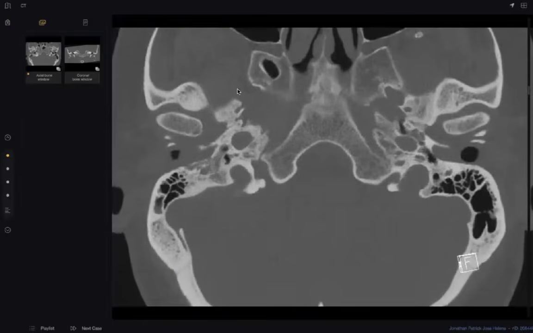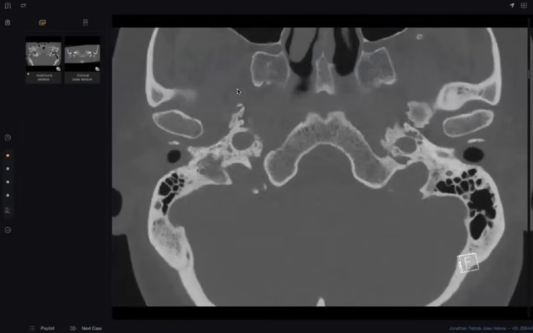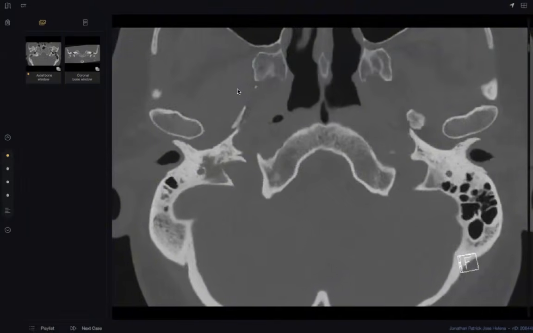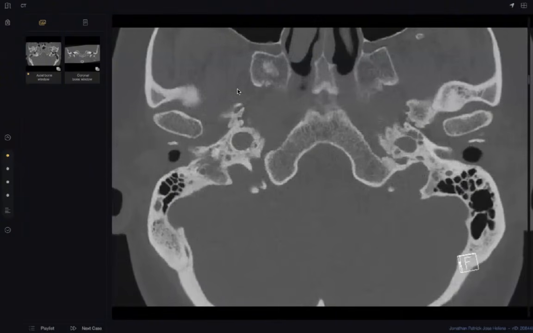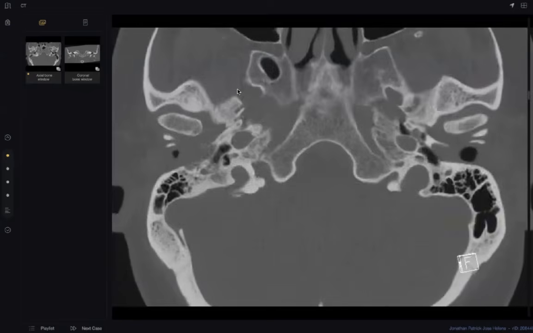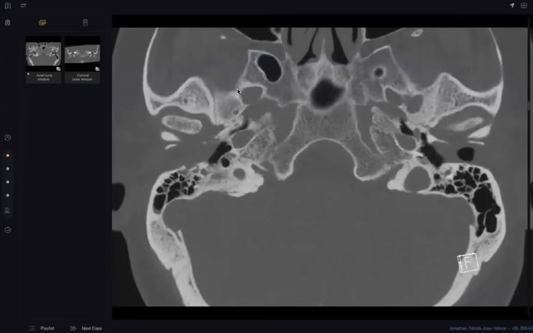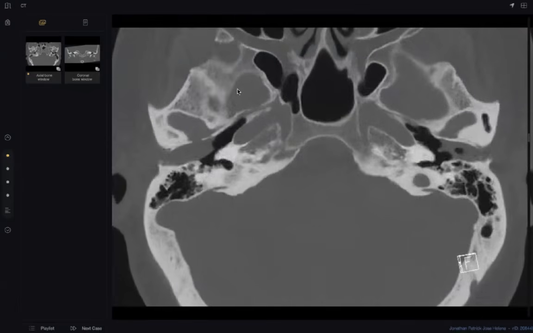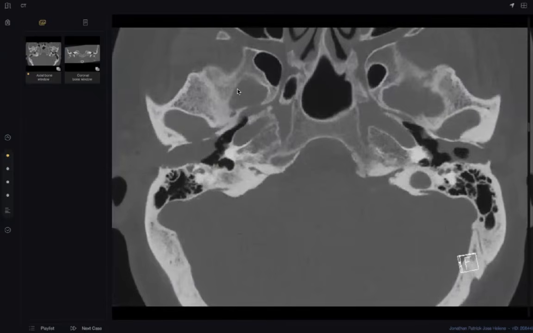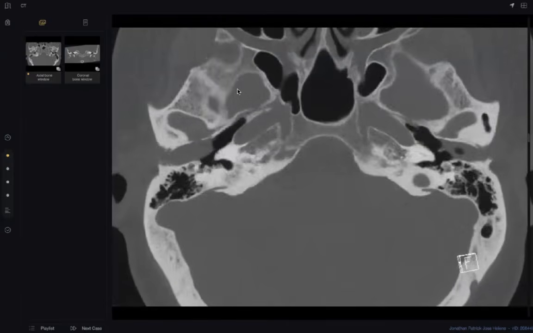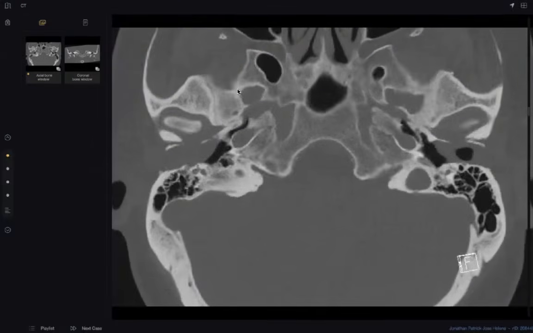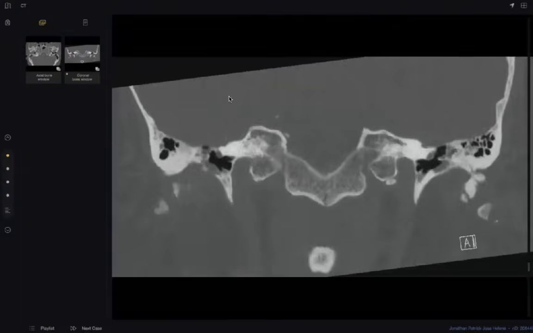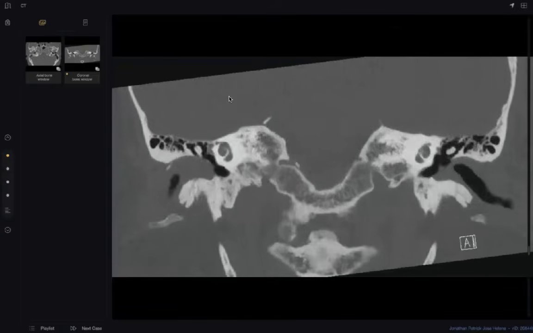The first striking abnormality I could see is there's some bony erosion along the right external auditory canal, with some soft tissue within the canal as well, causing erosion of the posterior part of the petrous bone.